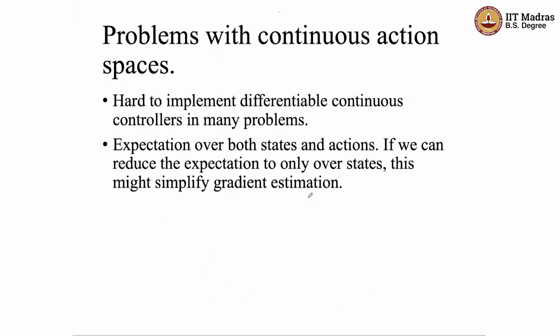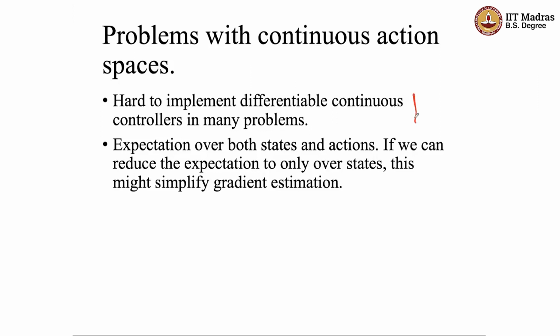When you go to continuous action spaces, these are typically more complex control problems, in robotics and things like that. It's possible to talk about continuous controllers, but having them uniformly differentiable over all parts can become a challenge.